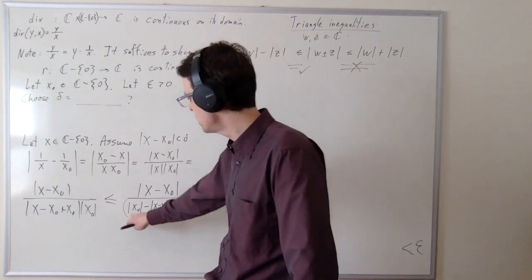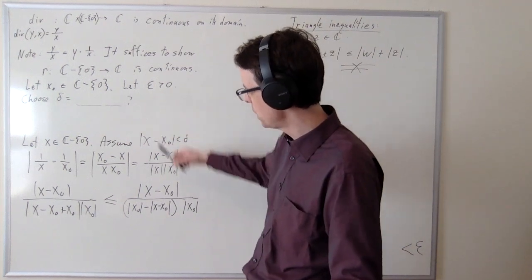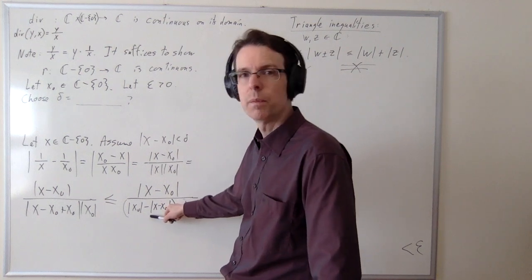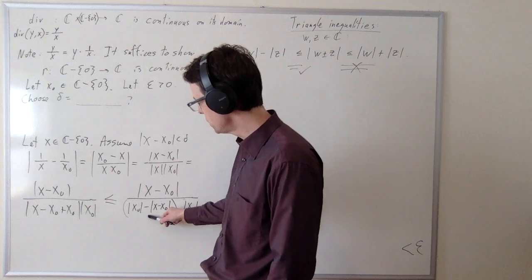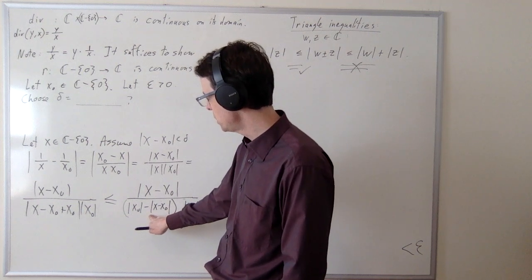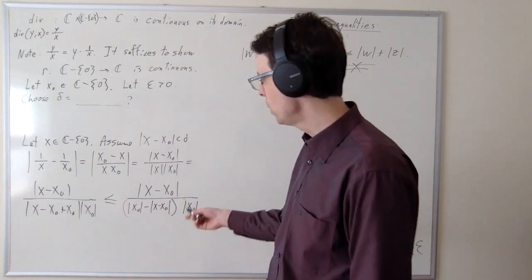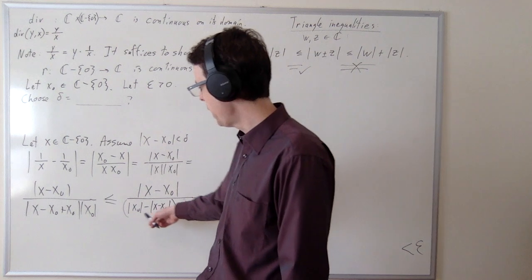In fact, I'd like it significantly smaller. Here's where we're going to start using our freedom about delta. This thing is no more than delta, and so by controlling delta, I can control this so that this is not greater than the modulus of x naught. How will I want to control it? I want delta to be not even half.